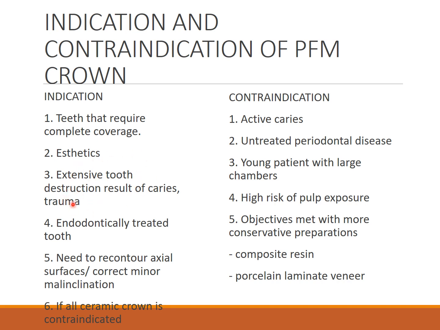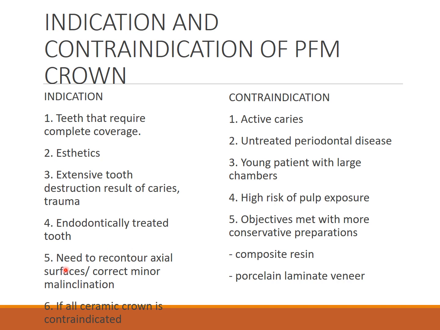Extensive tooth destruction, which results from caries and trauma, where caries had destroyed the tooth structure. RCT treated tooth or endodontically treated tooth, to provide more strength for mastication and other functions.